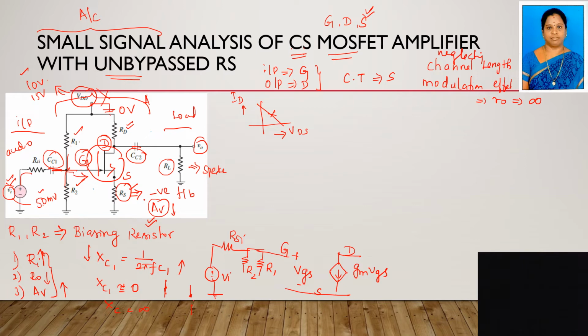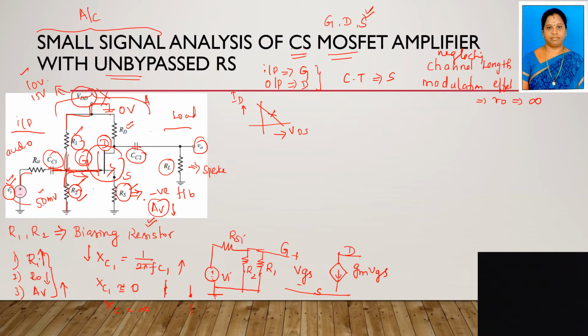R1 has one end connected to the gate and the other end connected to the ground terminal. Similarly, R2 has one end connected to the gate and another connected to ground. Both are connected to the ground terminal, so we can connect these two here because it is already ground. So the gate side is over.